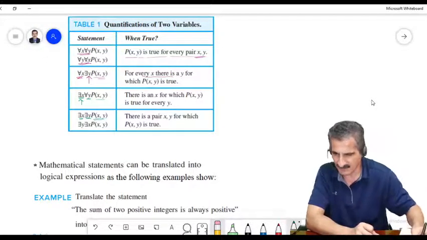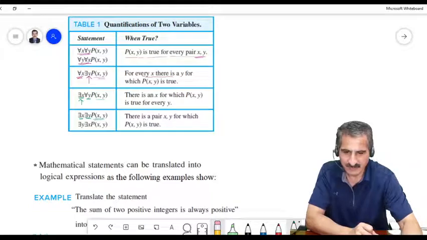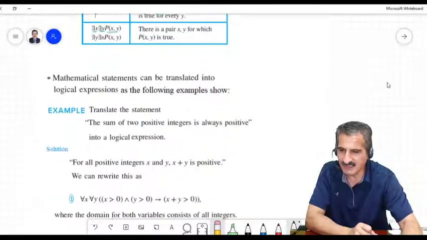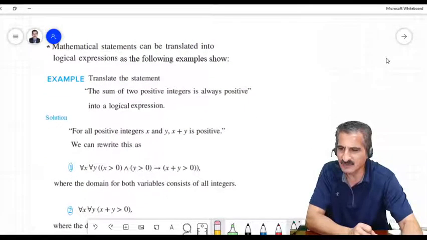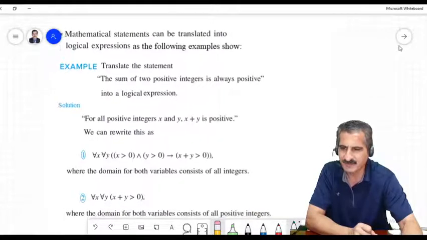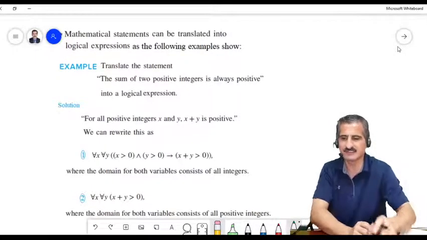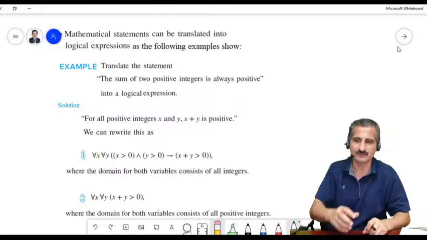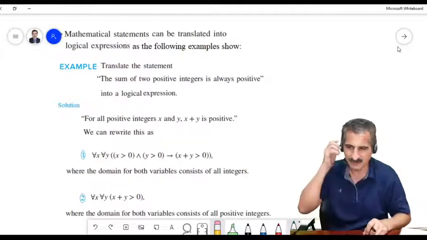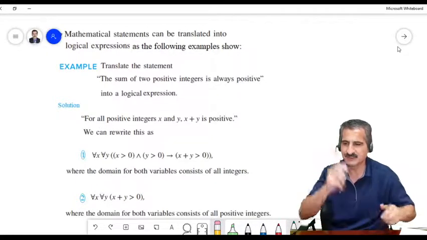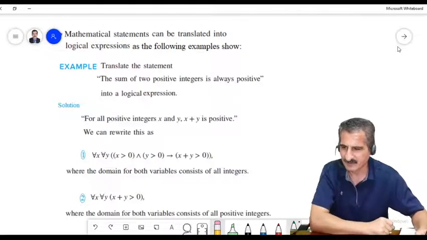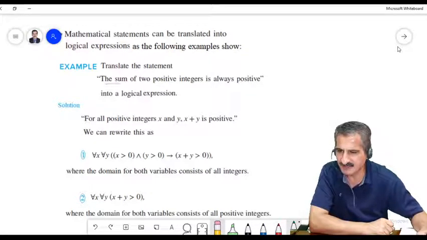So, okay. Now, let's see, next, mathematical statements can be translated into logical expressions. So we will have mathematical statements, and we want to translate them to logical expressions. Let's see. In this example, the statement says the sum of two positive integers is always positive.